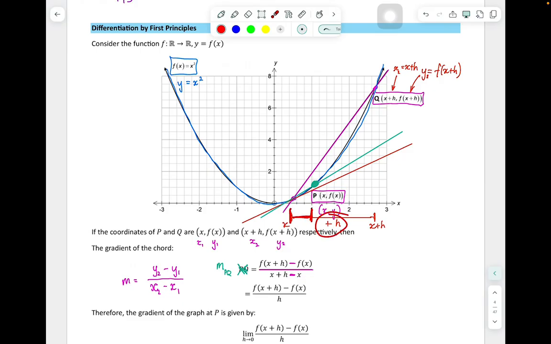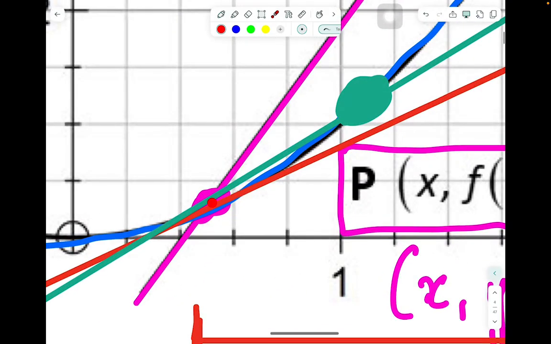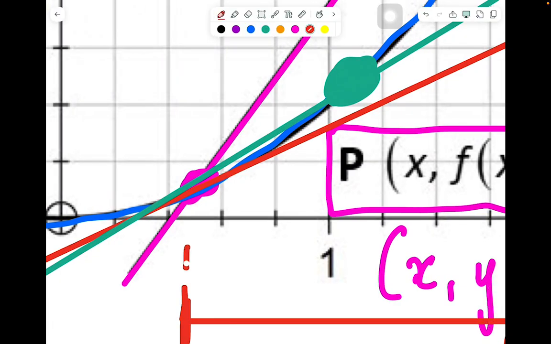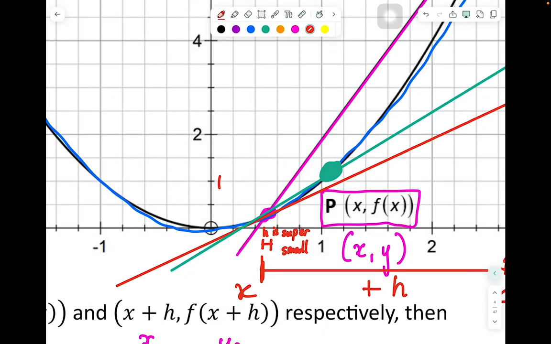It needs to get closer and closer, so close that our green line and our original point P are super close to each other that they become essentially one. So what does that mean about our h value? It means our h value is super small. So small that we say that h is approaching 0.